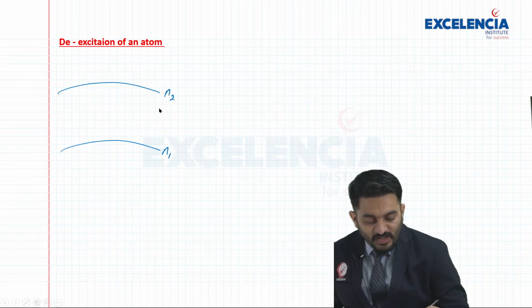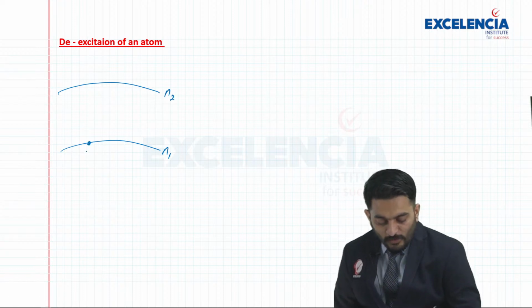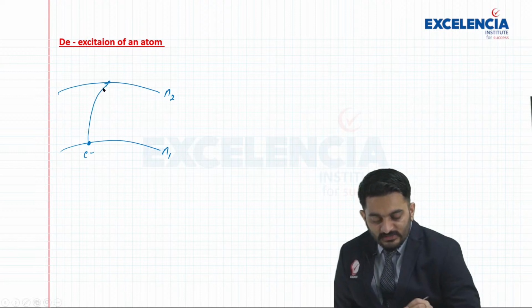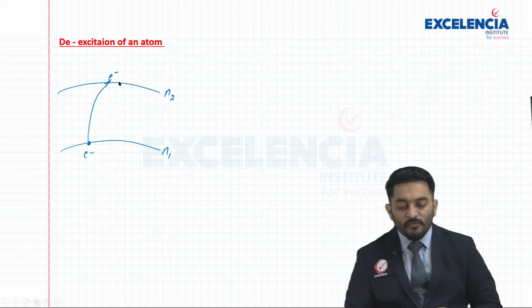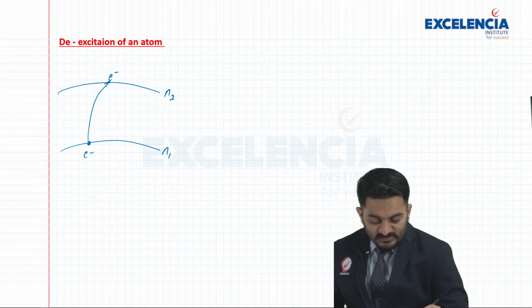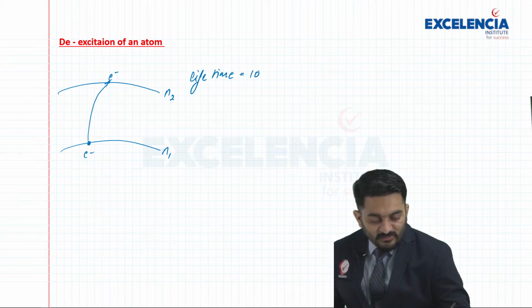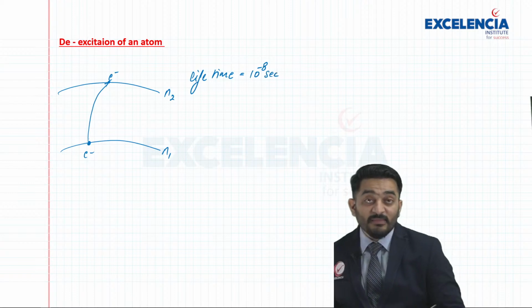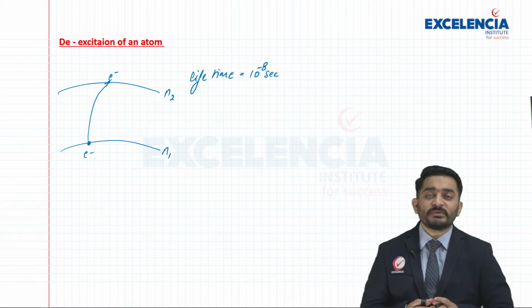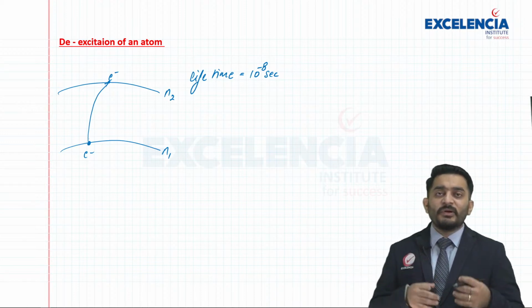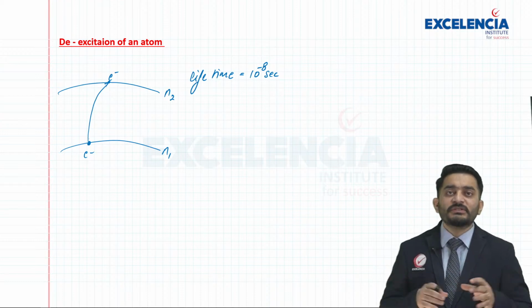When an electron goes from a lower state to a higher state, the time spent there is very small, because the lifetime of an electron in a higher state has a maximum value of somewhere around 10 raised to minus 8 seconds. So you can imagine what a short span of time it stays in the excited state, and it will stay there only when there is no other alternate option available for the electron to come back to a lower state orbit.